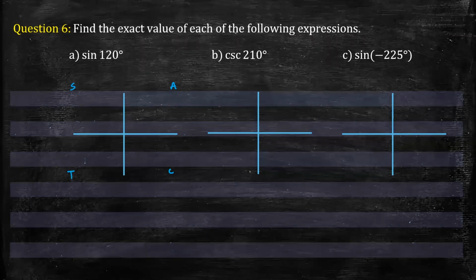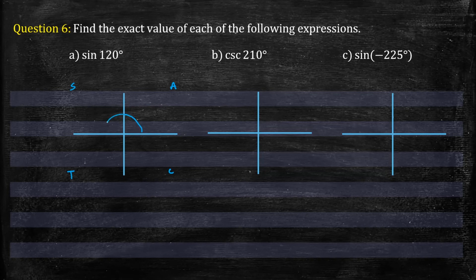The first thing we look at is sine 120, and sine 120 will come around 90. 180 is that axis, so let's do it to here. So this is your angle 120 degrees. And what we know now is this is your alpha angle here. And alpha there is going to be 60 degrees.